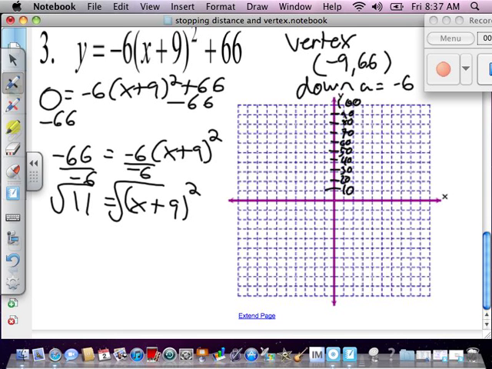Okay, so I get 3.31662 equals x plus 9. Now, do I have just 3.31662? What else should I have? Negative, good.